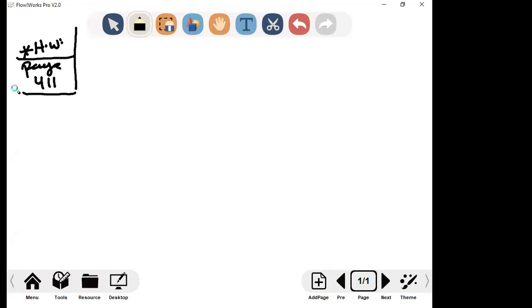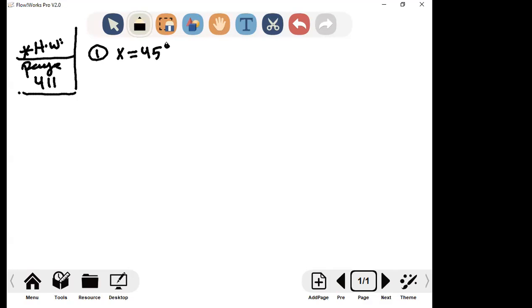Question 1, give the measure of the angle that is complementary to the given angle, right? The given angle is 45, the complementary angle will be what? I will call it x, right? How much? 45 also, because 45 plus 45, how much? 90, right?